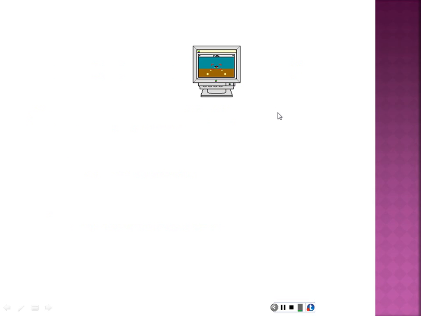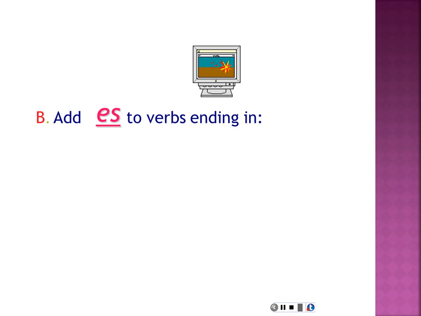Now in this slide I will tell you how to add es to verbs, when to add es to verbs. Sometimes I said we add s, sometimes we add es. So when do we add es to the verbs? Especially we said we add es to the verbs when we have singular third person. نقوم بإضافة s or es عندما يكون عندنا مفرد غائب، مفرد غائب.